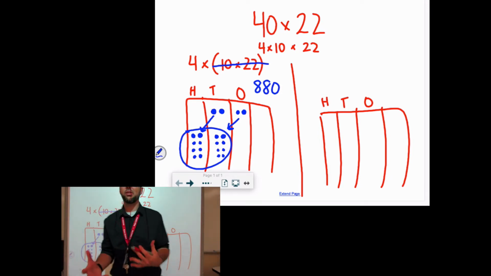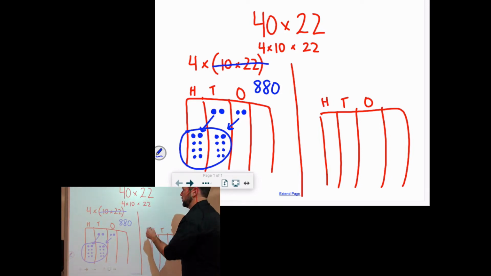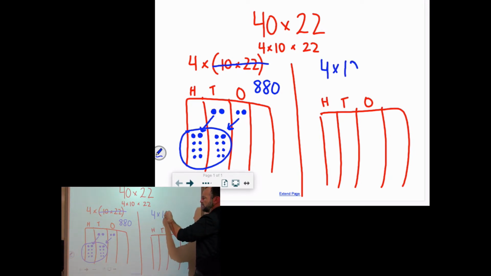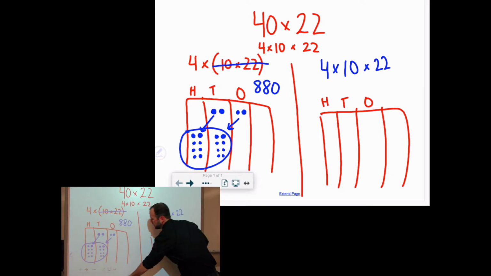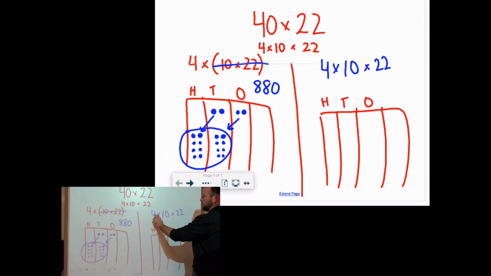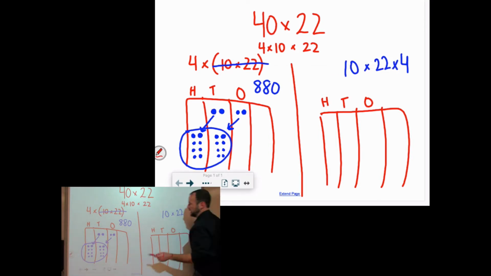However, if I wanted to rearrange things even more, I could still think of it as 4 times 10 times 22, but this time I'm going to rearrange some of these numbers. I'm going to take my 4 in my multiplication, and instead I'm going to do 22 times 4 and then multiply that by 10.